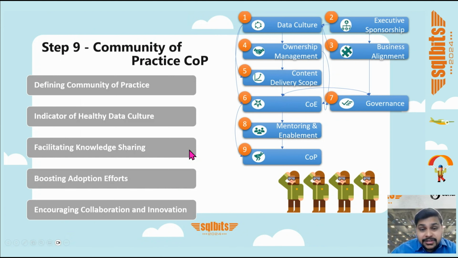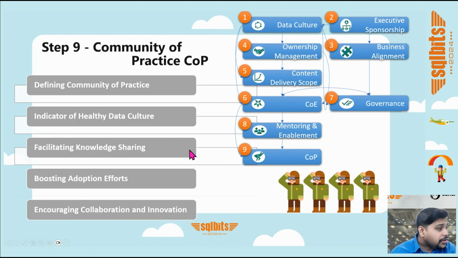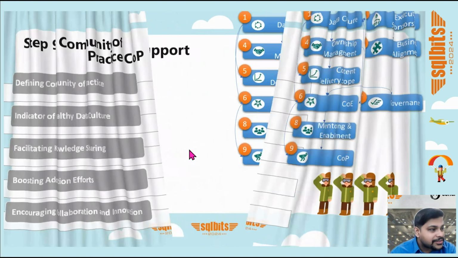Now that person is actually part of the COE team, where he feels that he was empowered. He feels that, hey, he's contributing to the main organization vision. So it's very important to listen to each and every person in your community. Now, in terms of step 10, let's see what step 10 brings.